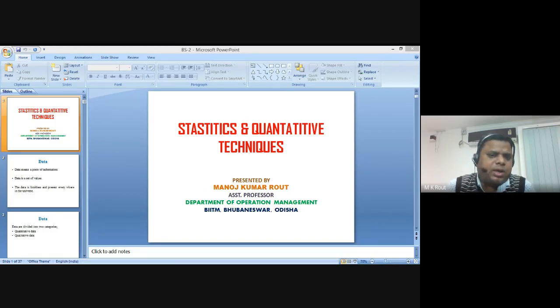As I told in the previous class, statistics collects various forms of data, from primary sources and secondary sources. Then the data should be organized in a proper manner, or put in tabular form using different charts, then analyzed, and finally interpreted in front of the top management.